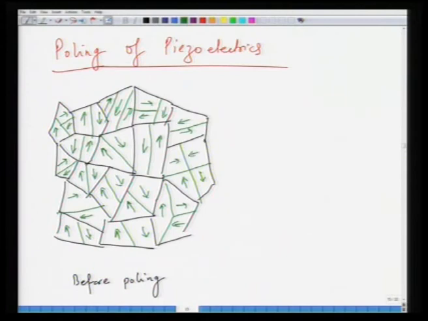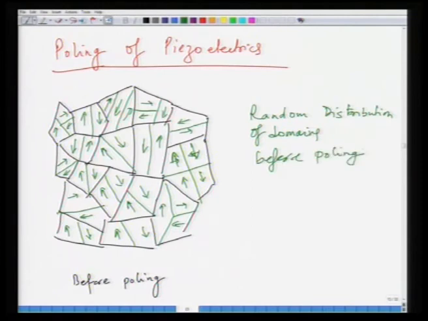So, this is the picture which emerges just before the poling, and basically what it means is that you have a random distribution of domains before poling.